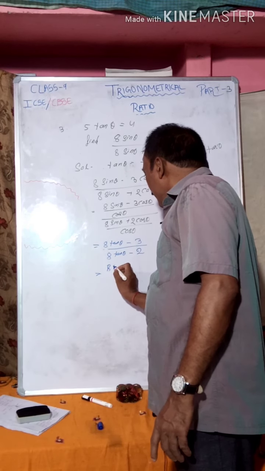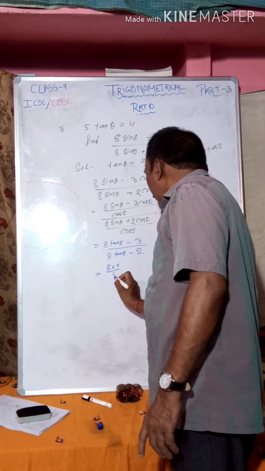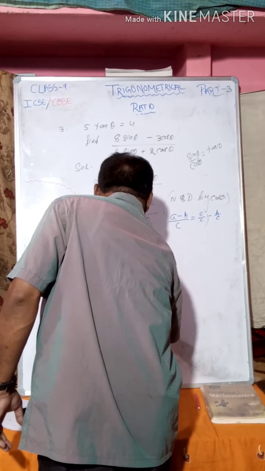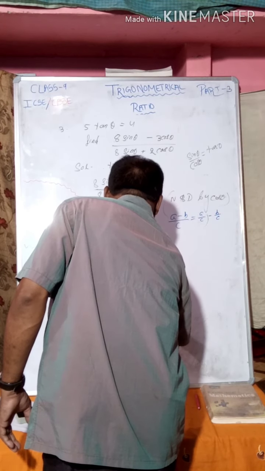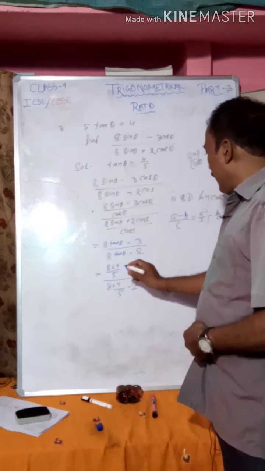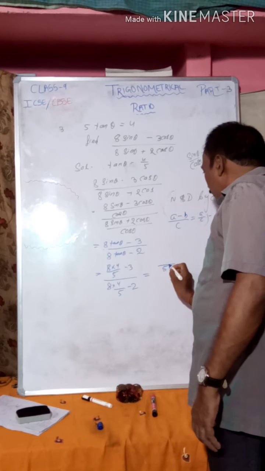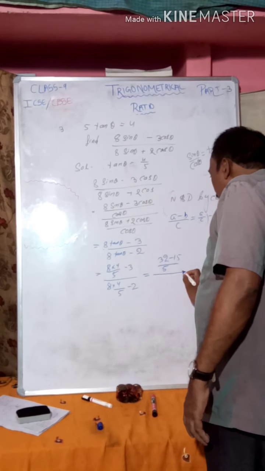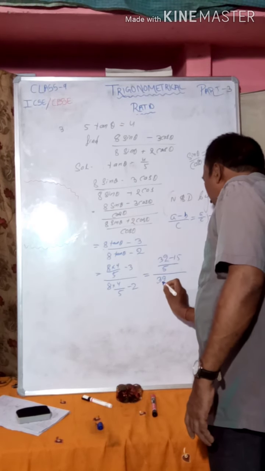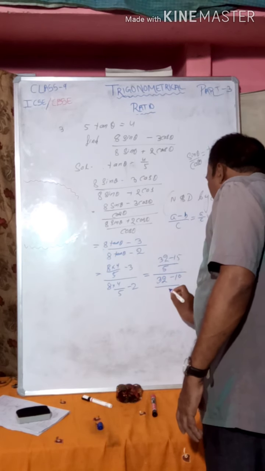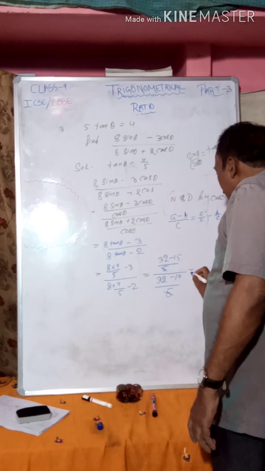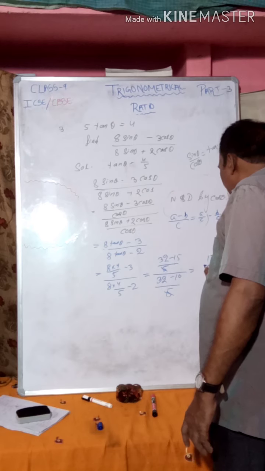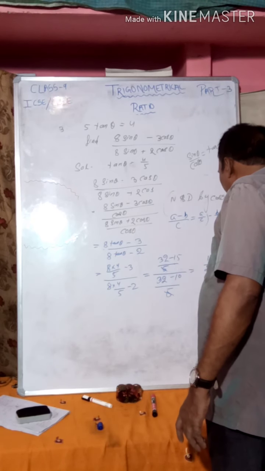So 8 into 4 upon 5 minus 3 whole divided by 8 into 4 upon 5 plus 2, that is equal to 32, LCM 5, here is 32 minus 15 whole divided by 32 plus 10 upon 5. 5 cut off, rest 32 minus 15 is 17, 32 plus 10 is 42, so 17 upon 42.